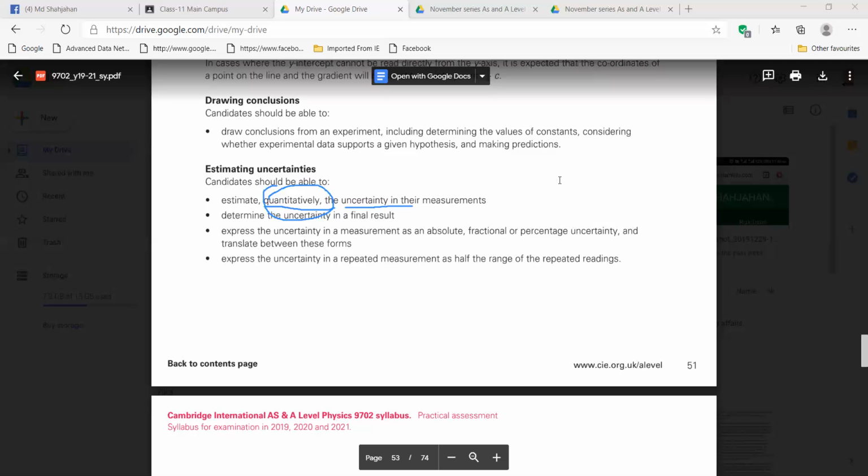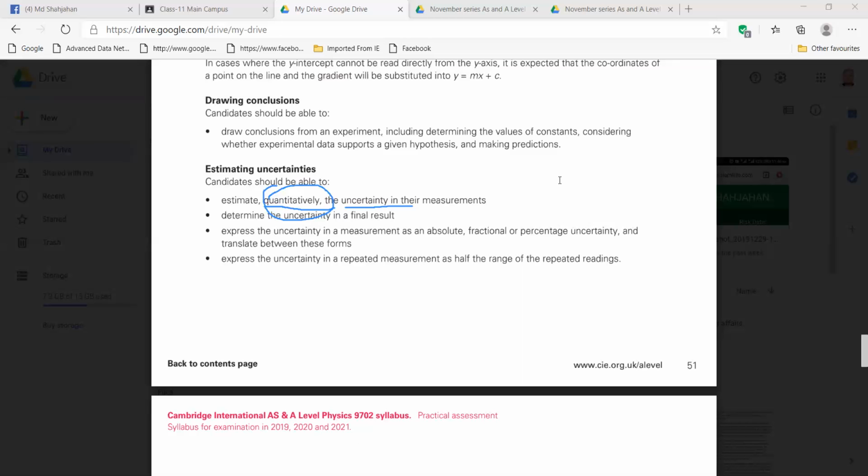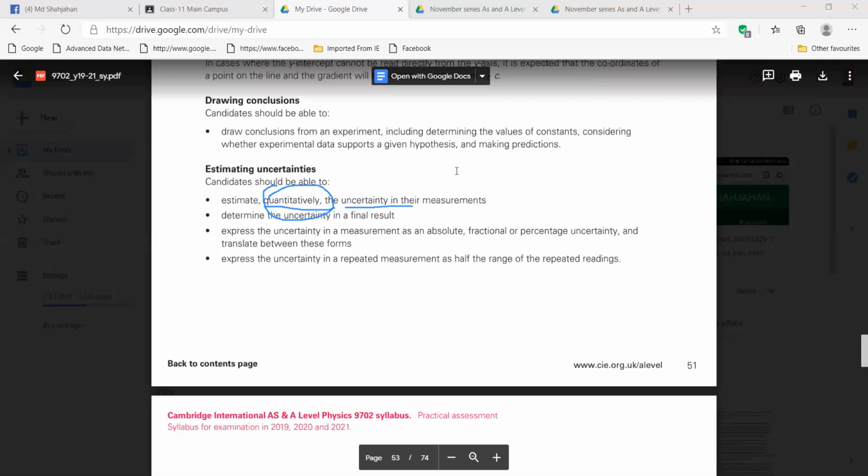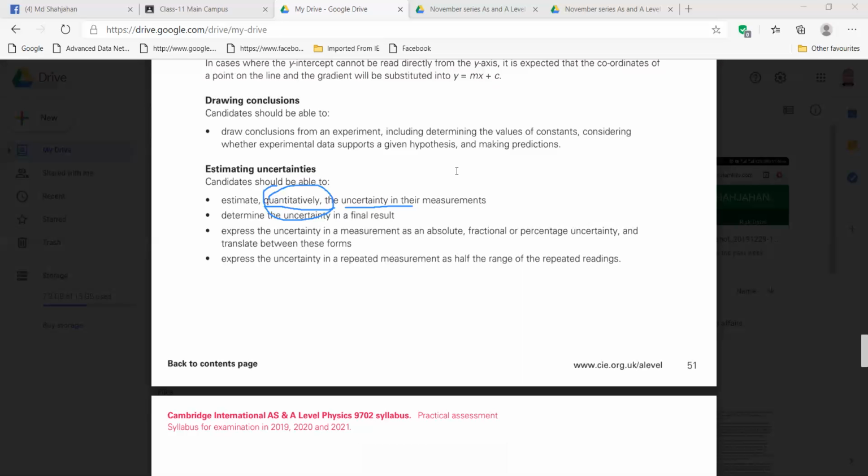For example, when you are measuring time, you measure three times and take the average, the mean value. Maybe even in your average there is some gap from the accurate value. That's your uncertainty. For example, the time you measured for a pendulum for a complete oscillation is 2.5 seconds, right?